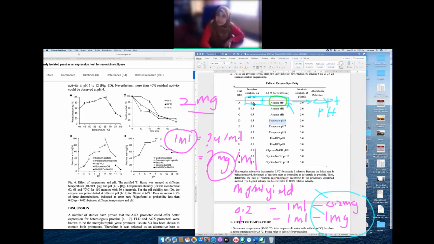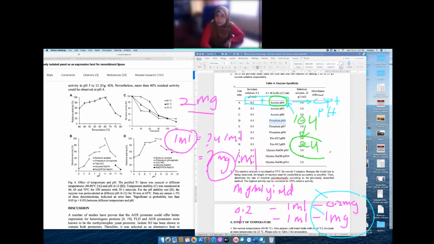For example, initially when you put the enzyme with the acetate buffer, the activity was 10 units. But after incubating the enzyme at that pH for half an hour at room temperature, the residual activity is just 2 units.